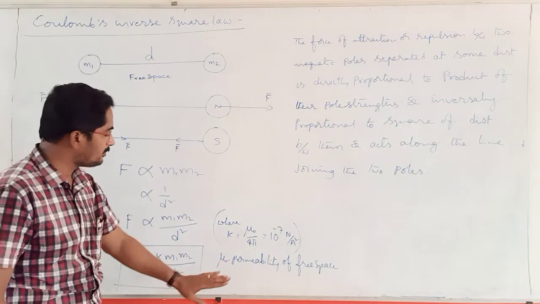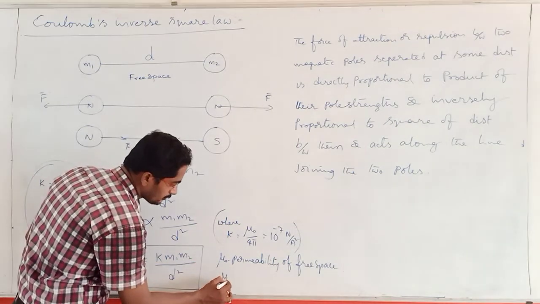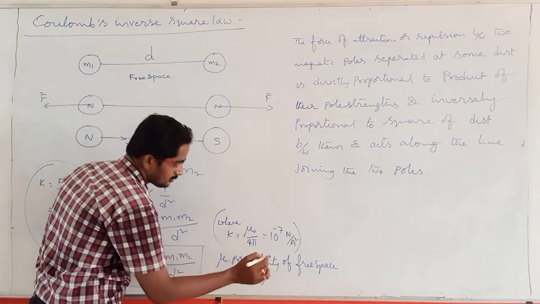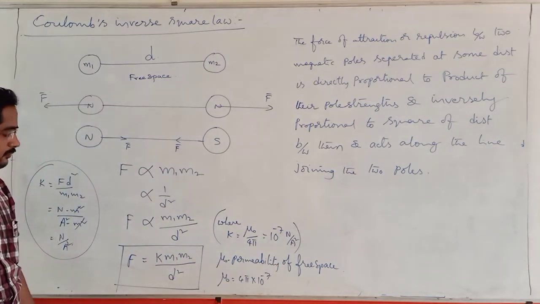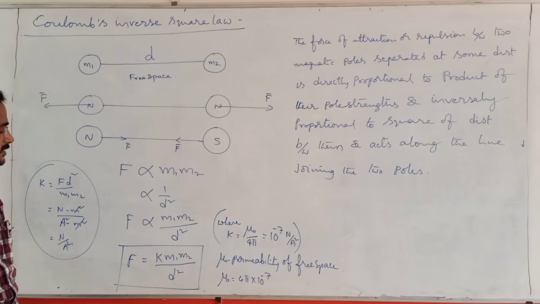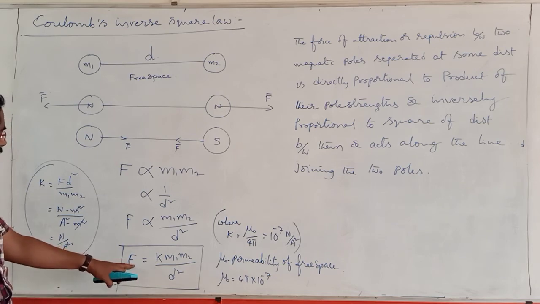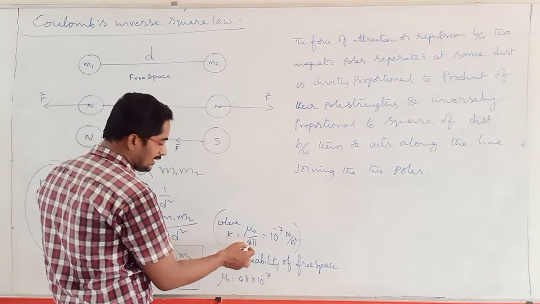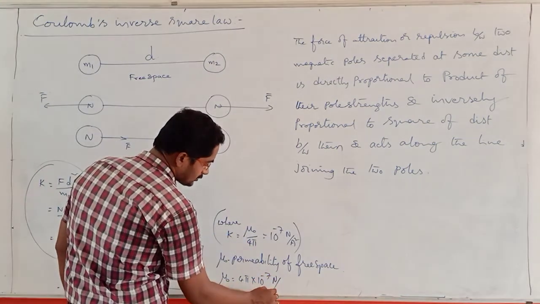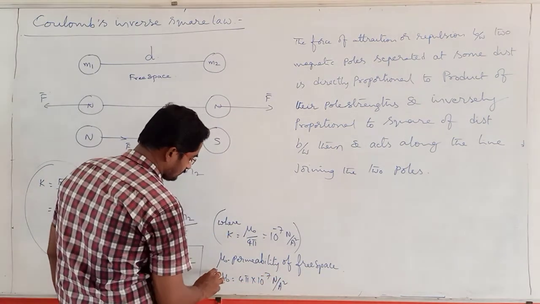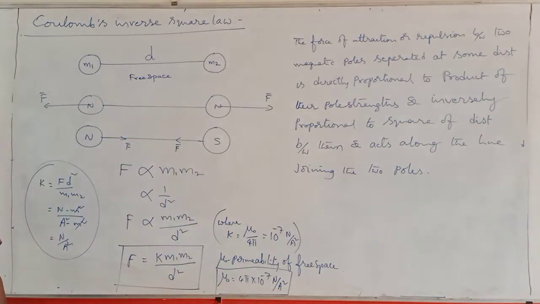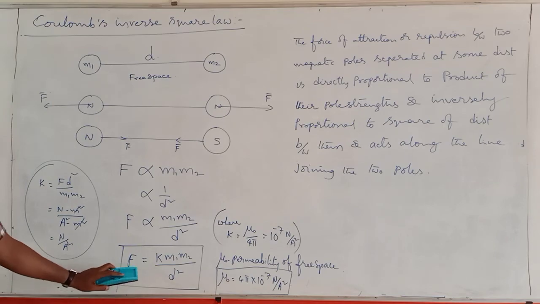Its value, do you remember? 4 pi into 10 to the power of minus 7. From the mu naught formula, newton meter square per, that's only. So we get newton per ampere square as the unit for this. So that is the permeability of free space.